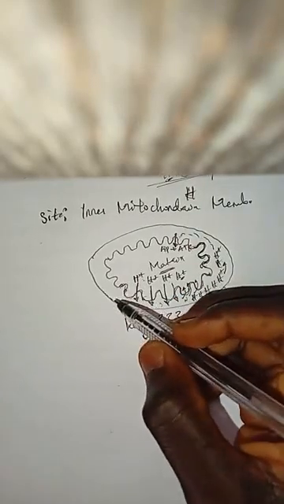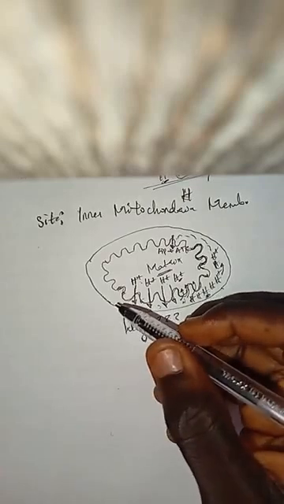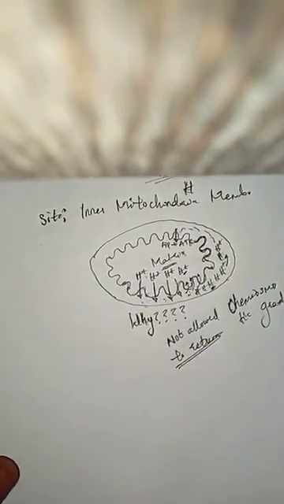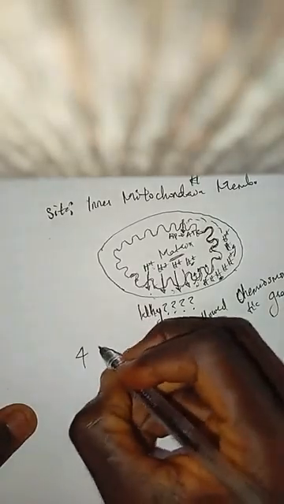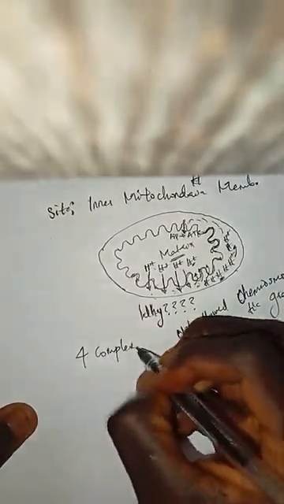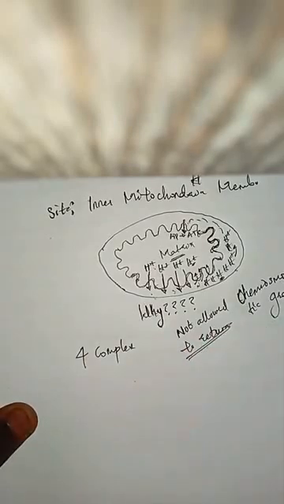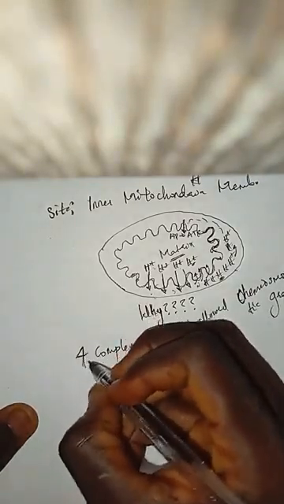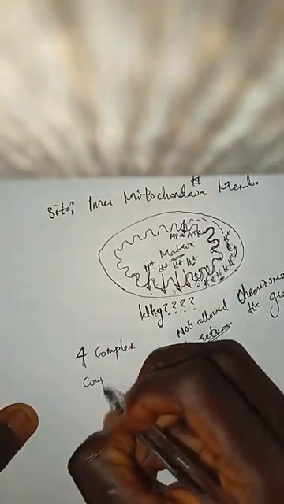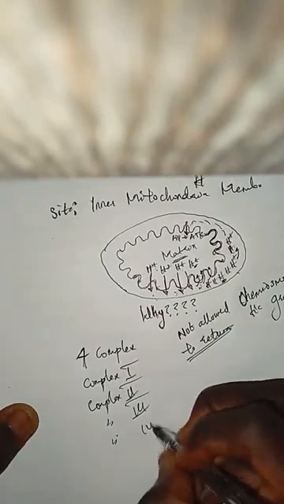We have complex 1, complex 2, complex 3, and complex 4. What do I mean by complex? It's more like a series of transport proteins, all together. It's more like a complex enzyme. So there are 4 complexes.